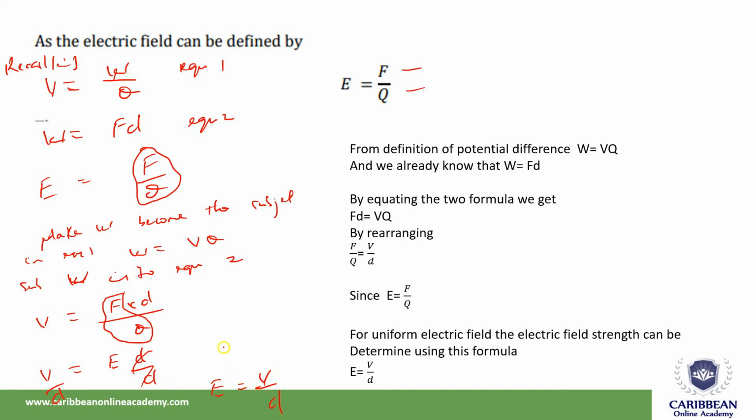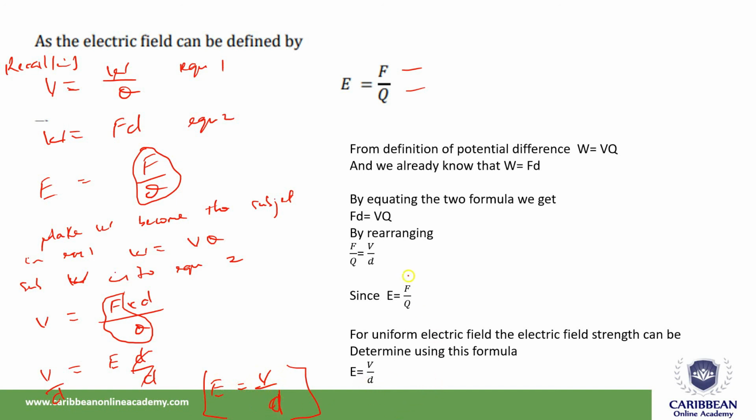And that's how we derive it, to say that the electric field strength of a uniform field is always given by E is equal to the potential difference divided by the distance of separation.